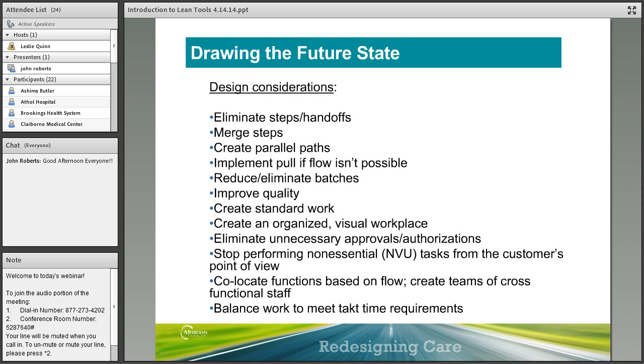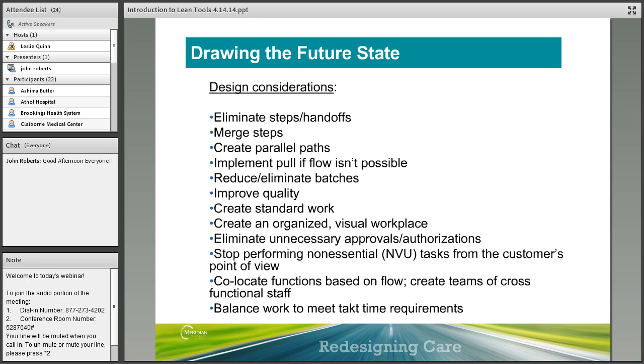When we're looking at the future state, we want to make sure we're eliminating as many steps or handoffs as we can. We know the more steps or handoffs there are, the more chances there are for errors. We want to merge steps where we can. We want to create parallel paths. We want to implement pull into flow if possible.